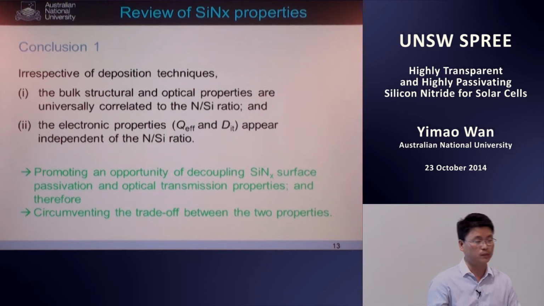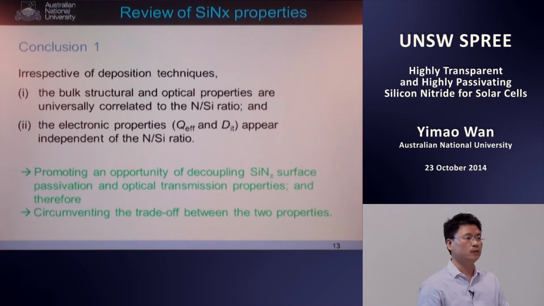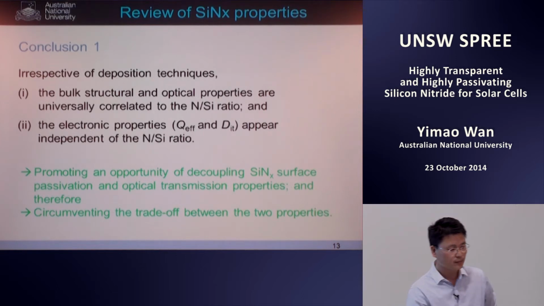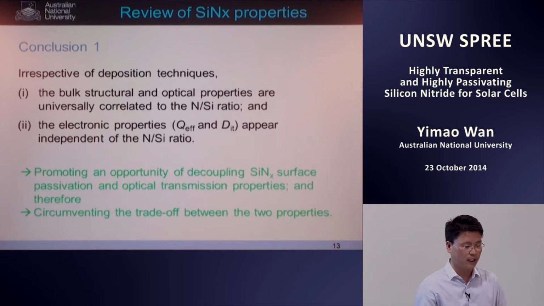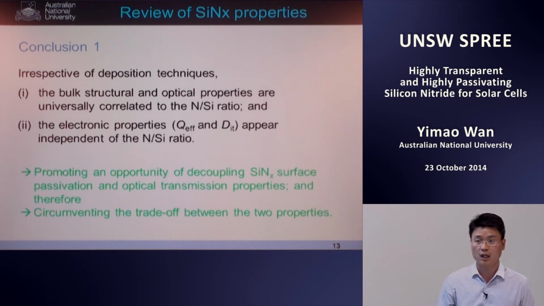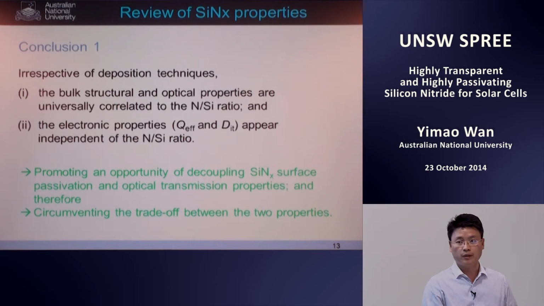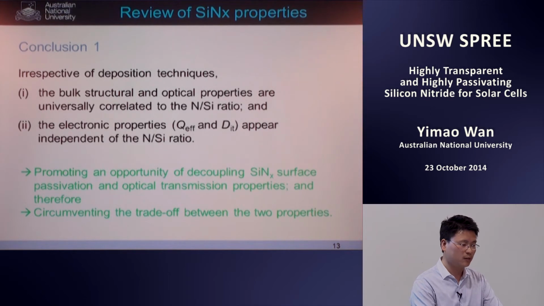That means it promotes an opportunity to decouple the silicon nitride passivation property, which in principle depends on charge and the Dit, as well as the capture cross sections. And we can decouple the passivation and optical transmission properties, and therefore we can circumvent the trade-off between surface passivation and optical transmission we presented quite a few slides ago.